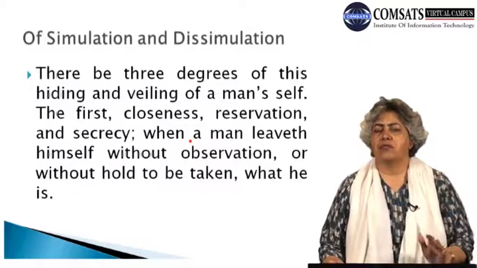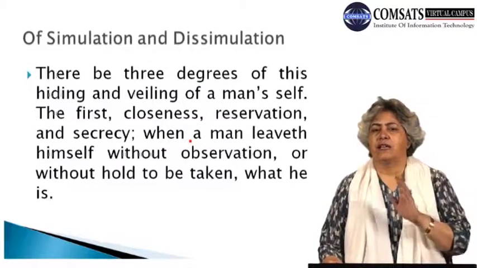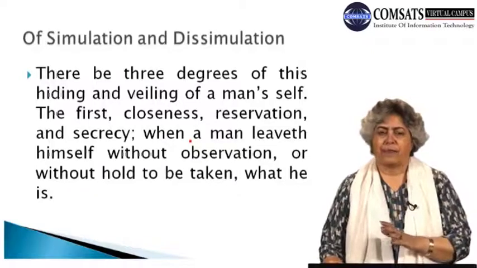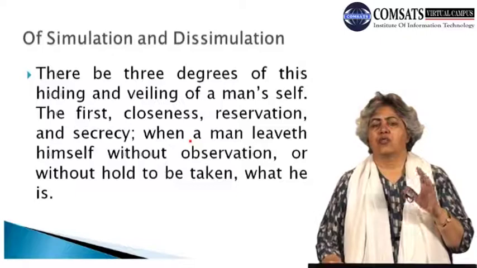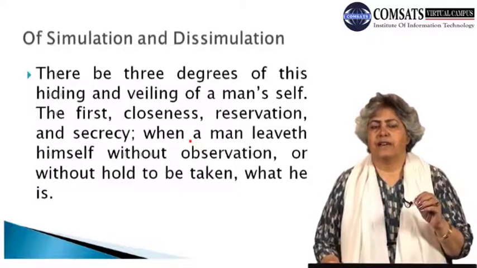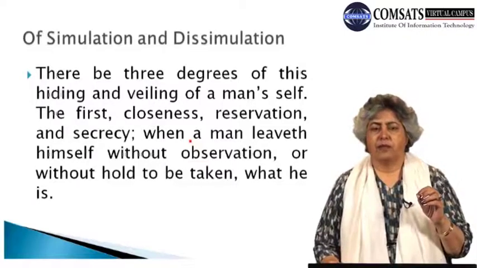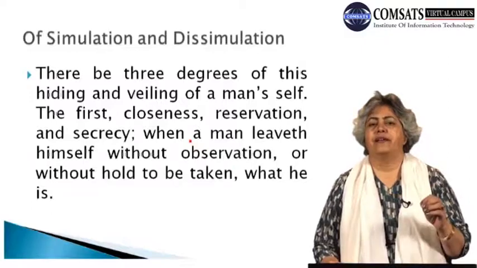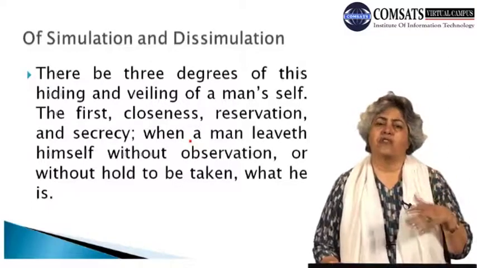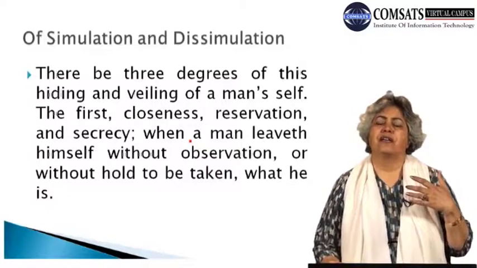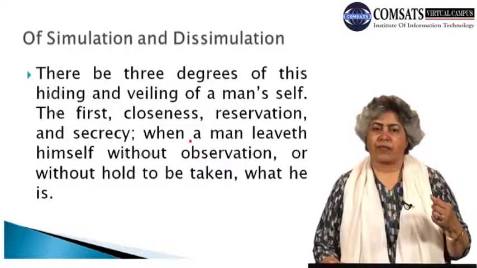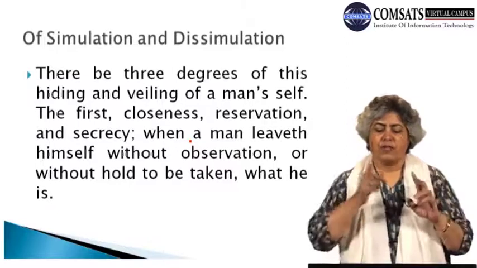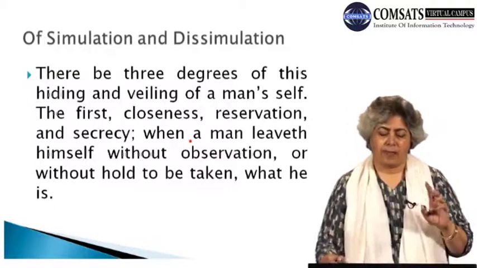Generally speaking, you don't associate the veil with the man. Here, it is used to show that men do not always reveal their entire selves. Okay? So, 3 degrees of hiding and veiling.